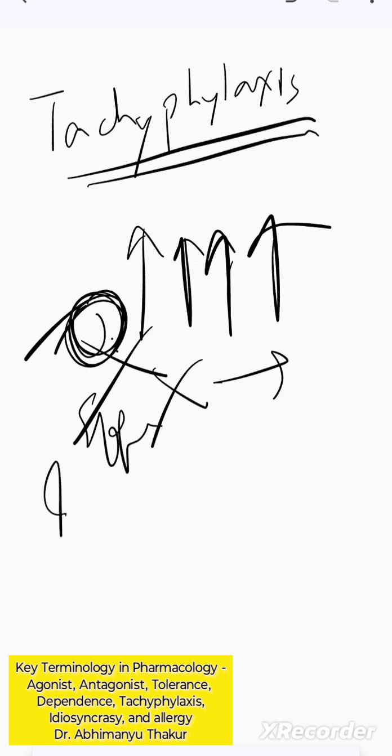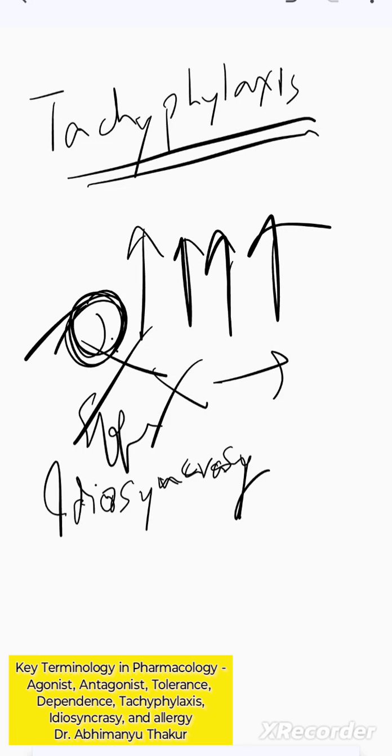Then there is another term called idiosyncrasy. Idiosyncrasy is an unusual, unpredictable reaction, often genetic.